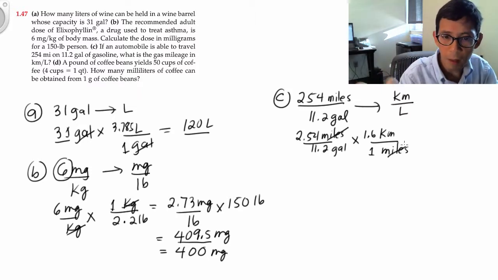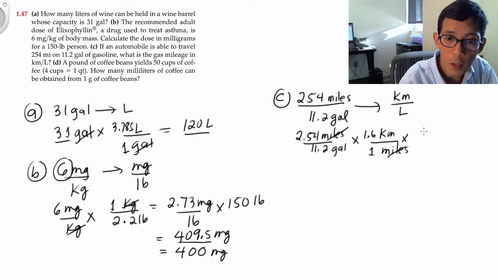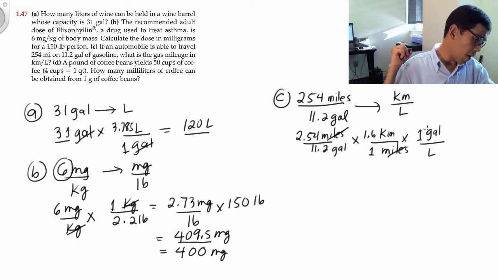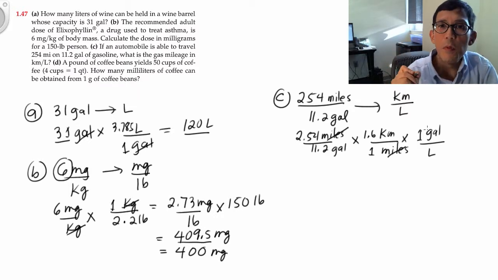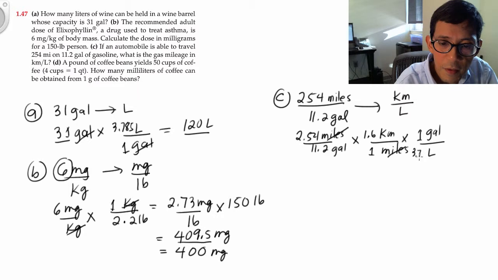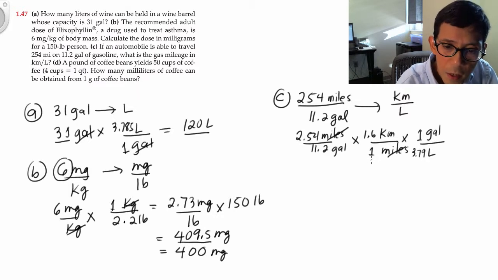Now we are in kilometers, and now we need to convert gallons to liters. So we want gallons there, we want liters there. What is the conversion? In 1 gallon there are 3.79 liters. So gallon cancels, and we are now in liters in the denominator.